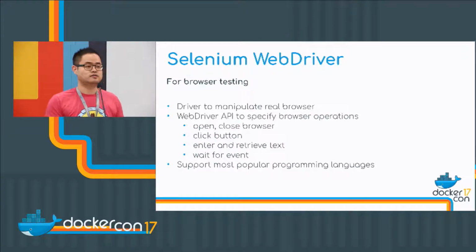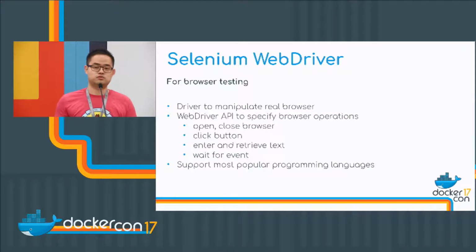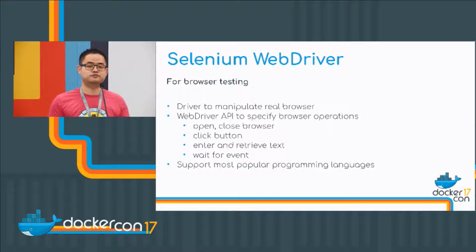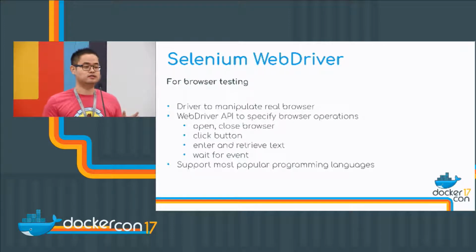So first, Selenium WebDriver is an open source tool for browser testing. It provides a set of drivers to control your local browsers. It also has a set of APIs to specify browser actions. For example, it can control open or close browsers.